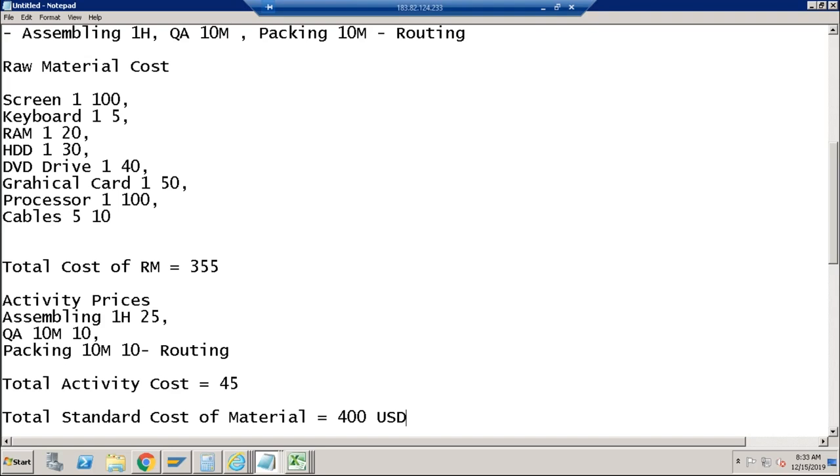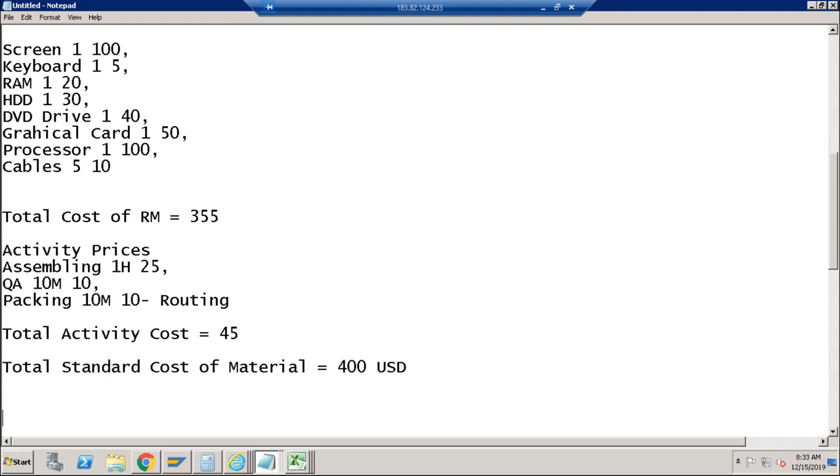But in this one, I can also include the overheads. Okay, overheads are those expenses. Again, I don't want to introduce this terminology now because it will get confusing. So overhead is the cost which is not directly allocatable. Okay, so you don't know how much will be the overhead. And that is the reason what you can say is, whatever is the total cost of raw material as well as activity, I want to add another 5% to this as an overhead cost.